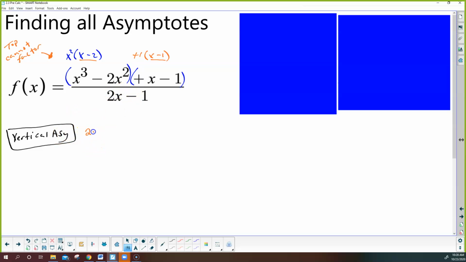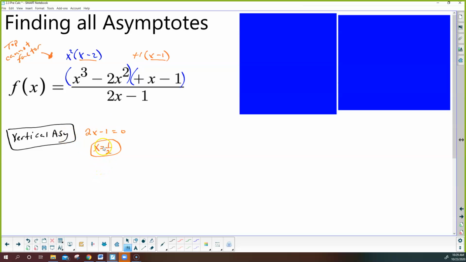Take the denominator and set it equal to 0, and that will give us where this function is undefined. So this is really quick then. Add 1, divide by 2. You could probably do that in your head. If I add 1 and then divide by 2, I get x equals 1/2.